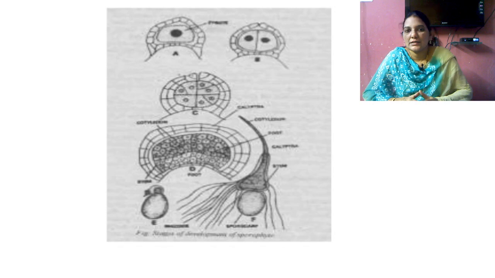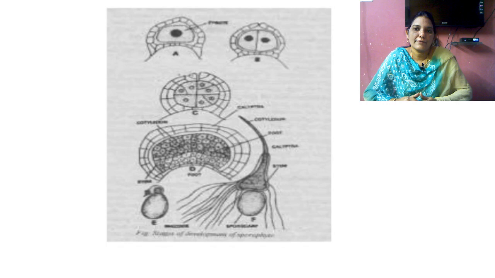Then the center cell is divided again into neck canal cell and venter canal cell. The neck canal cell again divides into 4 to 8 neck cells and 4 cover cells.